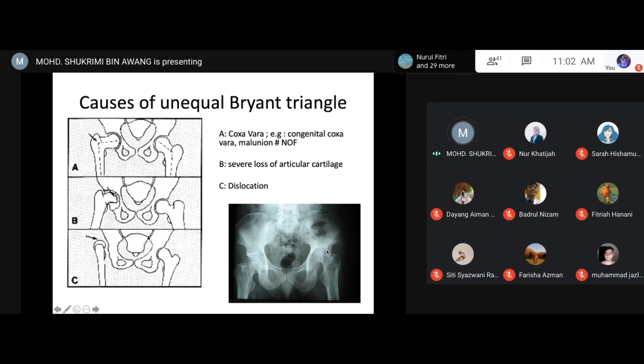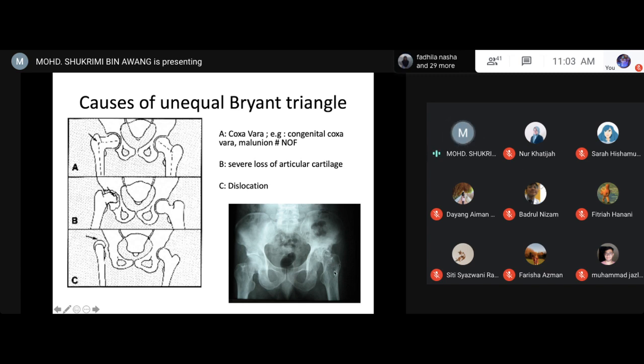The acetabulum is well formed, but it is irregular and more dense over here. The femoral head is smooth, but there is a lucency. It's not dense, Jazlan, it's rather lucency here. You see some cystic changes here. And if you compare the quality of the bone here and here, this side is more osteopenic.